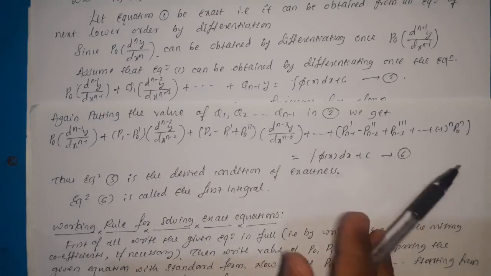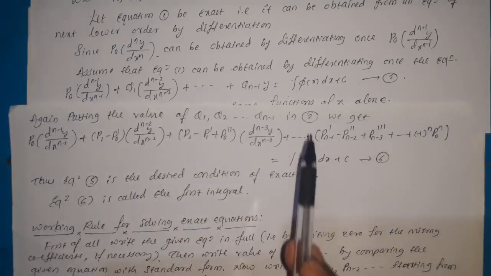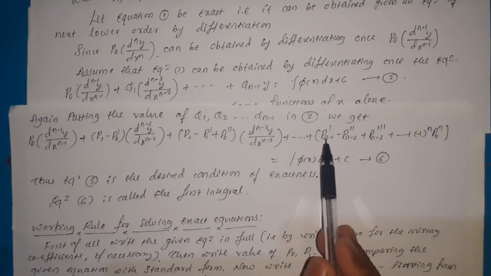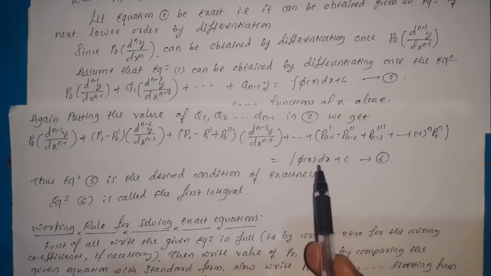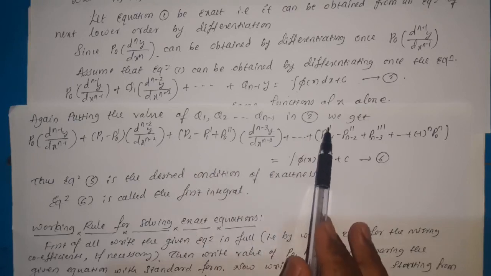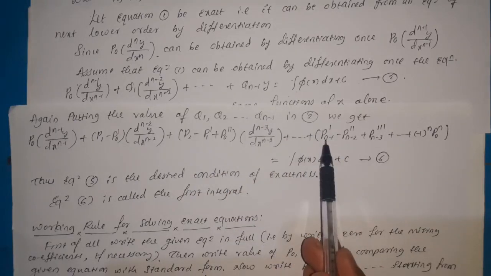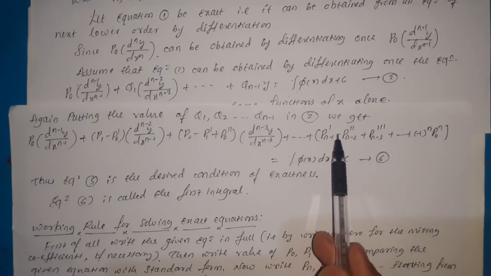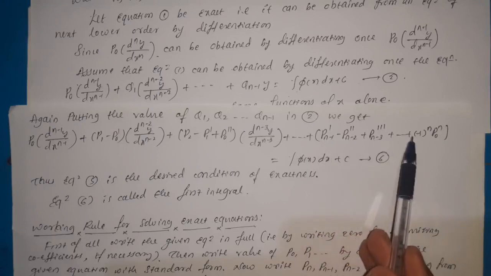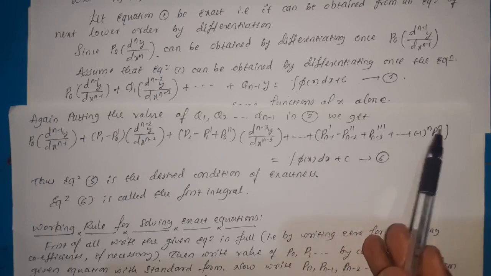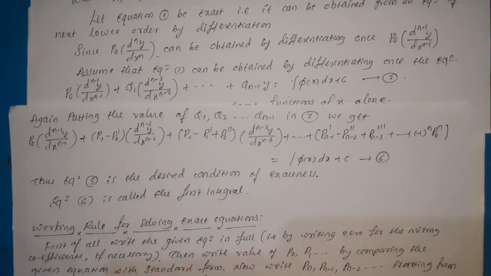Then the last one is pn minus 1: pn minus 1 dash, because here it is qn minus 1, then pn minus 1 minus pn minus 2, n minus 3 and so on, minus 1 whole power p naught n, p naught whole power n. So therefore that is the second equation.